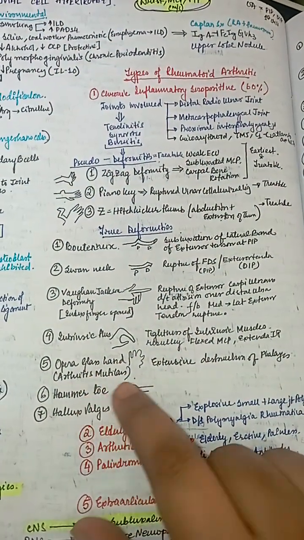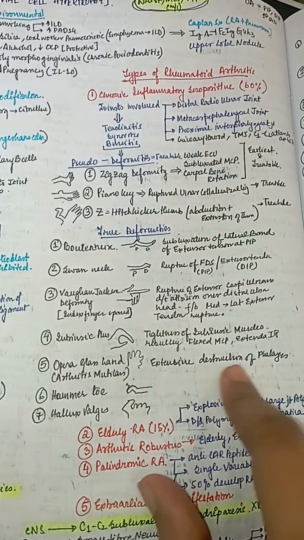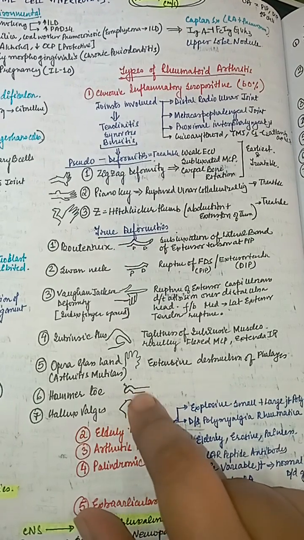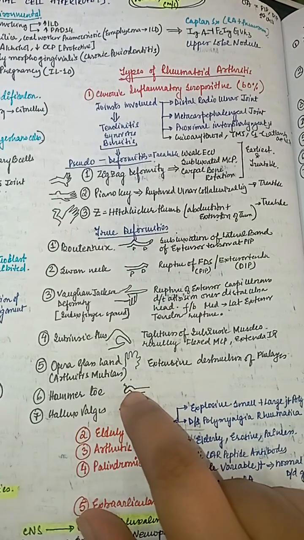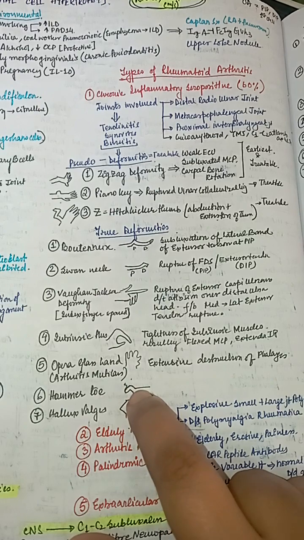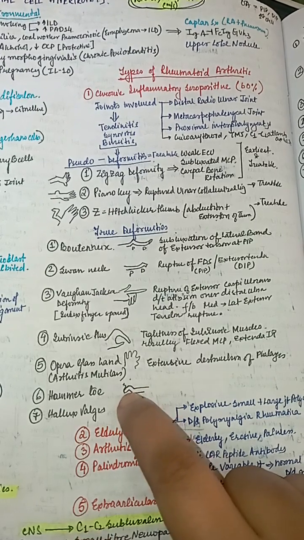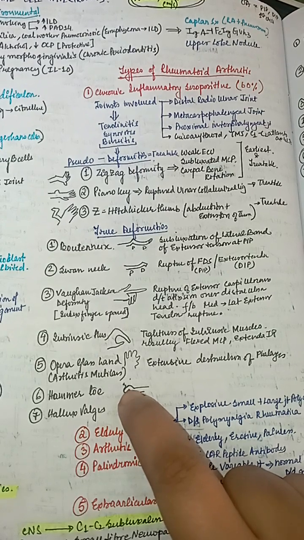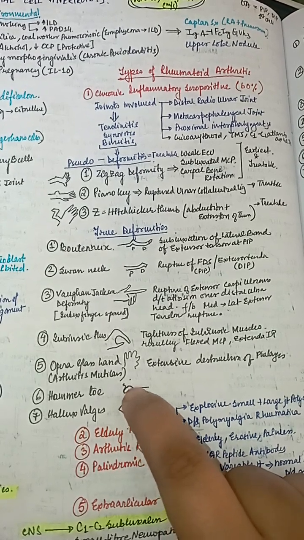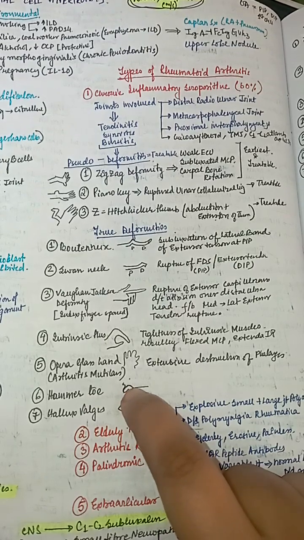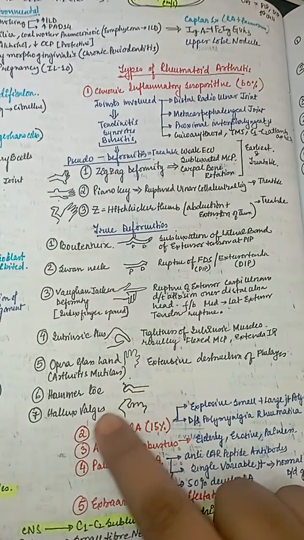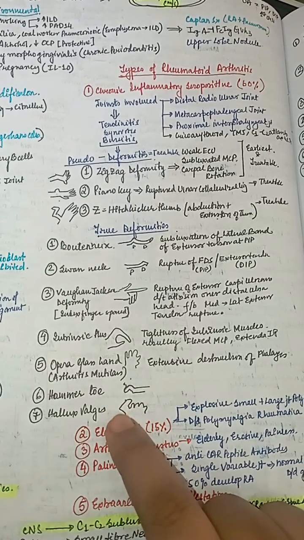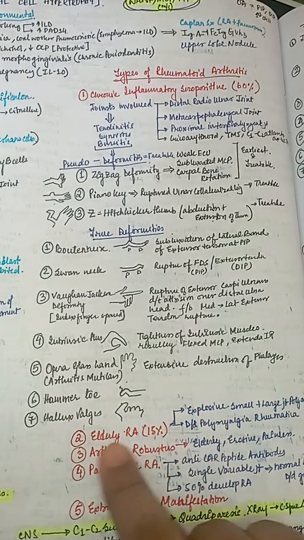Opera glass hand is the arthritis mutilans, due to the extensive destruction of phalanges. Hammer toe is due to extensor tendon subluxation of the PIP and DIP, and hallux valgus is due to the medial collateral ligament.